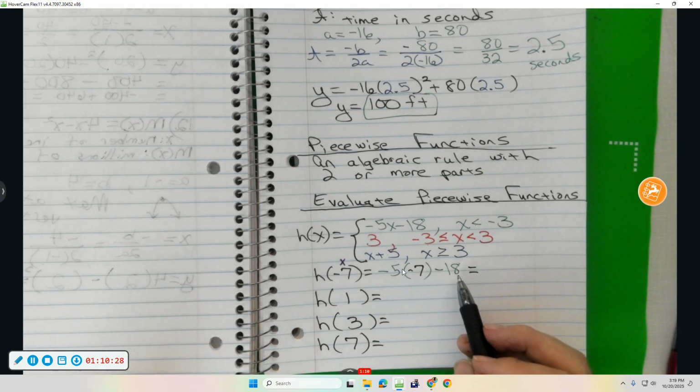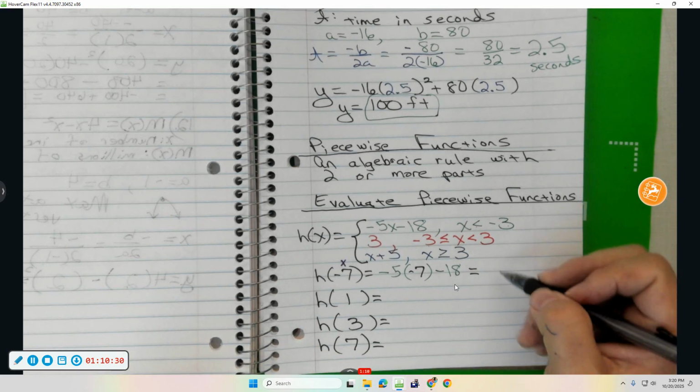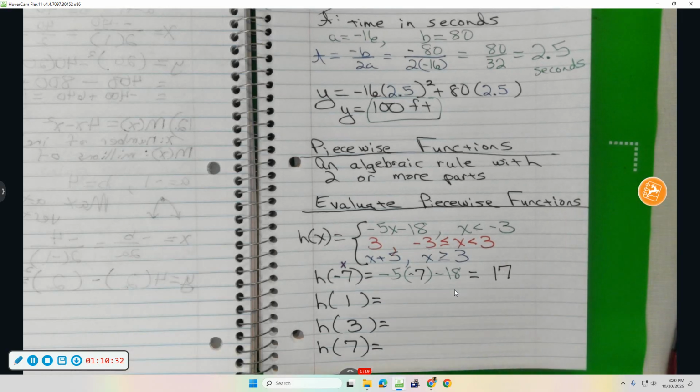That's 35 minus 18, which gives me a +17. So h of -7 is equal to 17. Every x value has one and only one y value. Okay. Now the next one, h of 1.